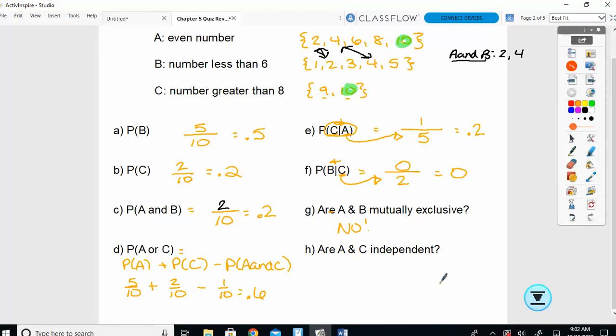All right, last question. Are they independent? If you're struggling with what independent means, if you look on your formula sheet, we have in the back a multiplication rule for independent events and a general multiplication rule.